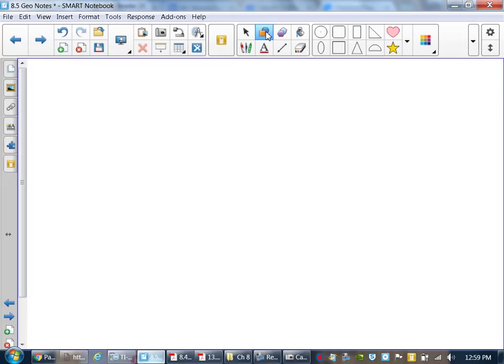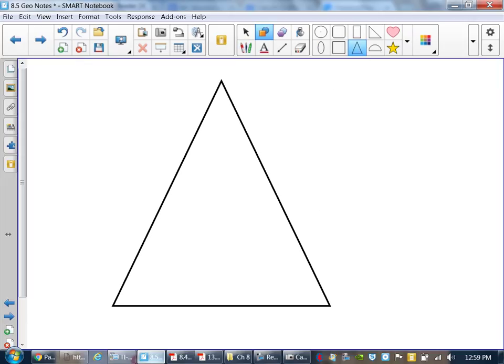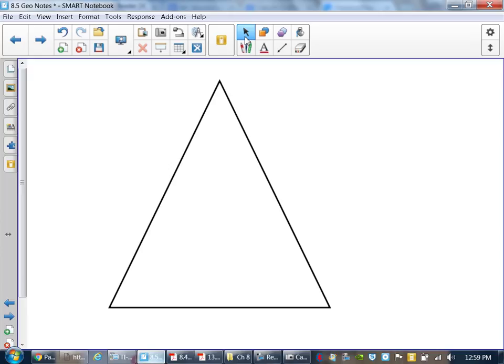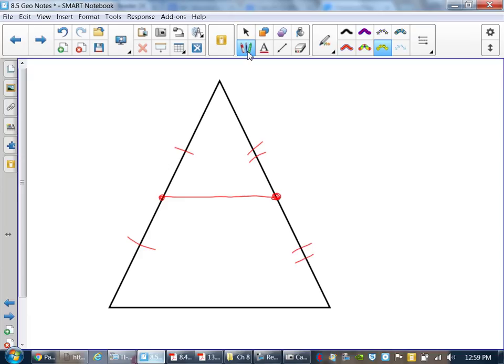Let me ask you this. What was this called? Don't say triangle. What was that part called? The segment? What is it?